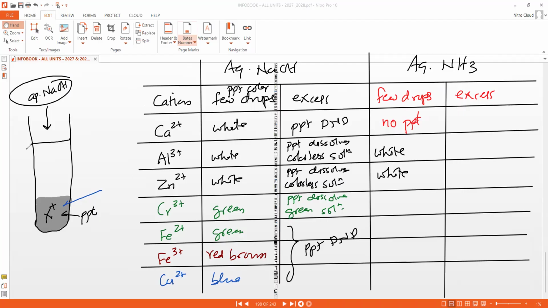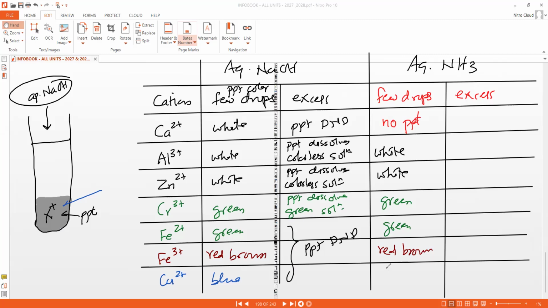Chromium and Fe2 plus continue to give you green precipitate. Rest everybody's precipitate color is the same. Only calcium will not form a precipitate.